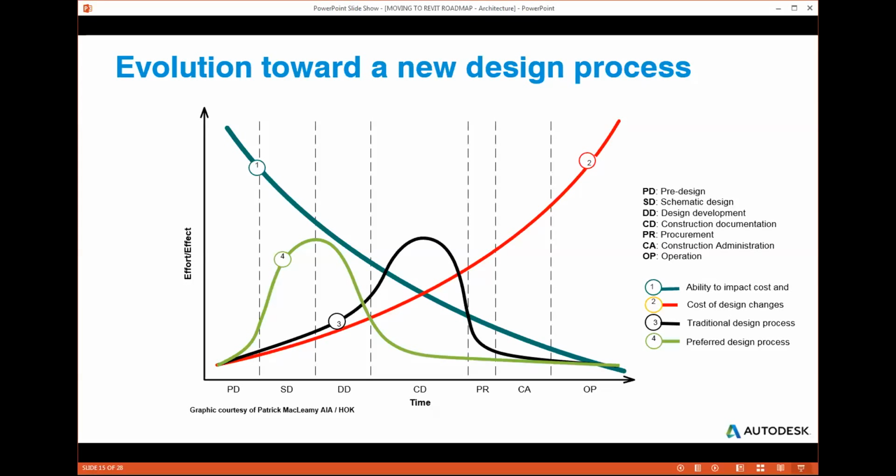Then the last one is the dark green, the ability to impact cost. At the beginning, cost might be high, but at the end of the day, it will fall down to the preferred design processes.